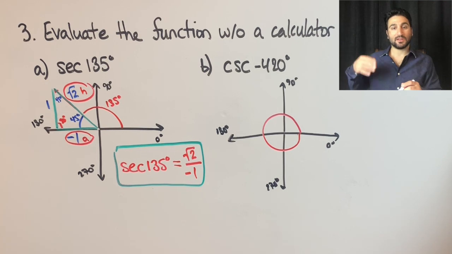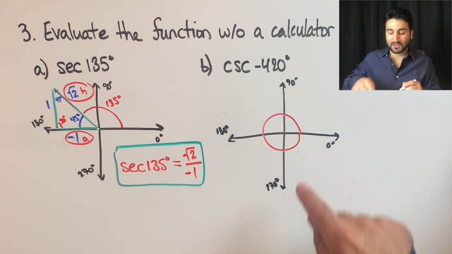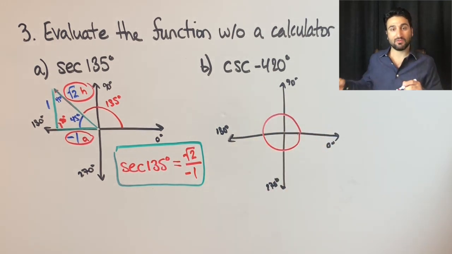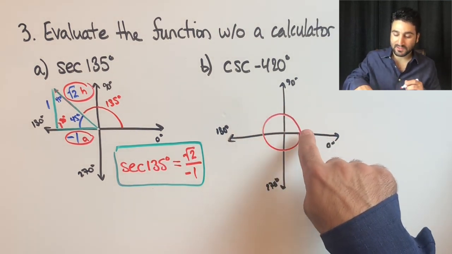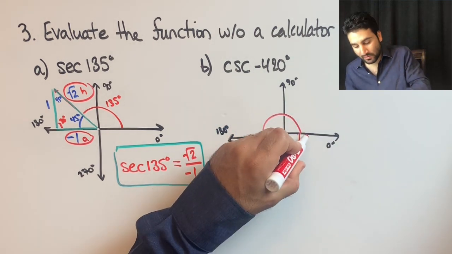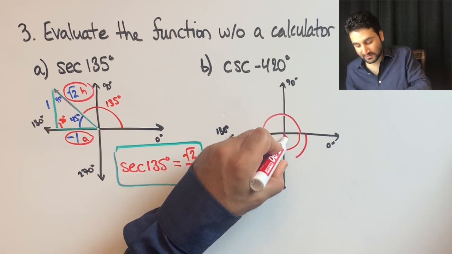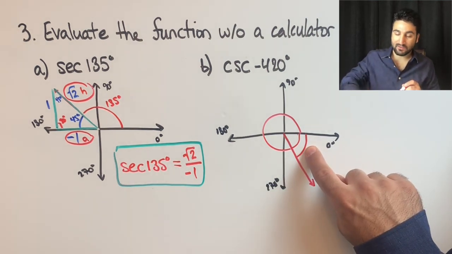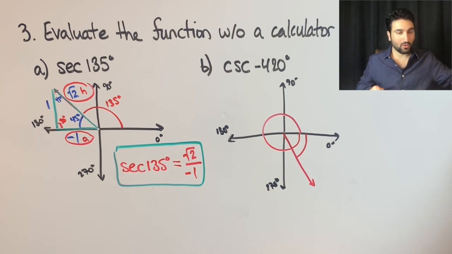So you can almost ignore going around once in a circle and find out what the remaining degree is that we need to go. If we've gone negative 360 degrees, how much more do we need to go to get to negative 420? We need to go an additional negative 60 degrees.